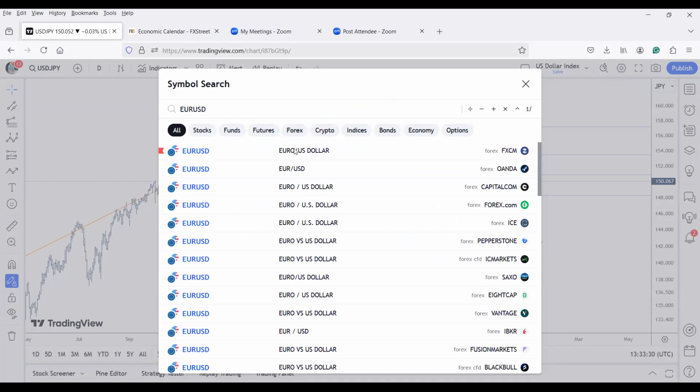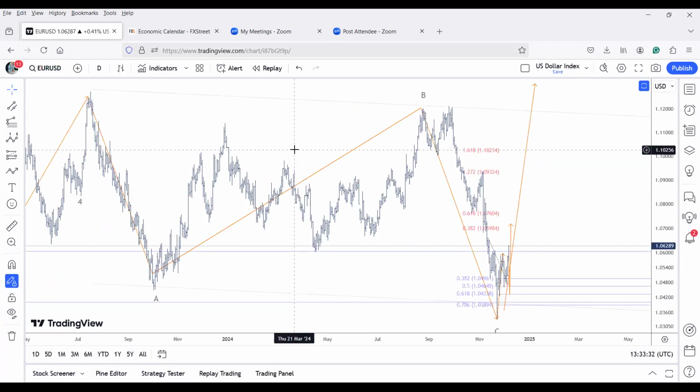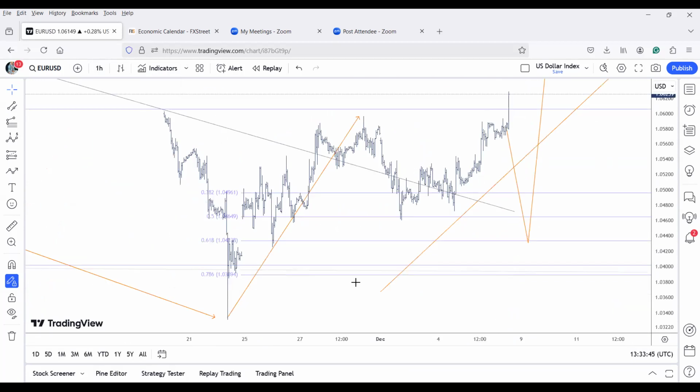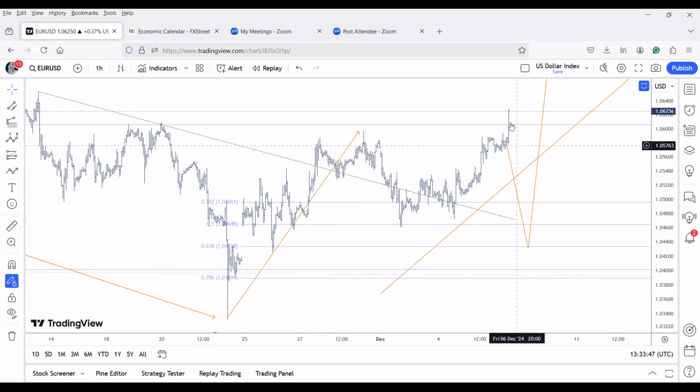May I pick up any other charts? Okay, so euro has not given us a chance to enter, but the overall direction that we discussed on the longer side is working out right. Ideally, a decline should come through, and then you should be buying.